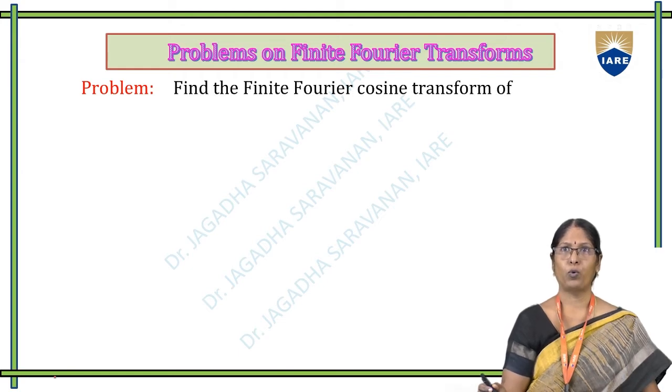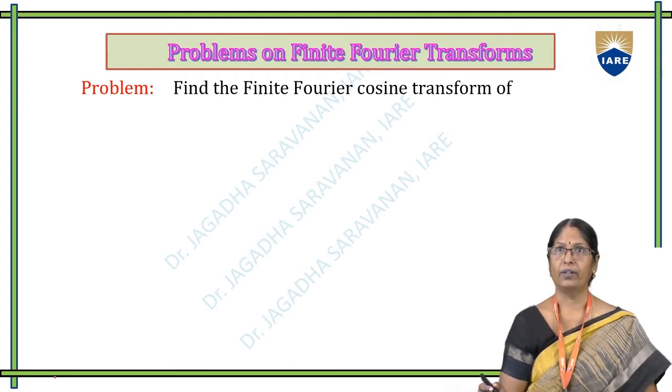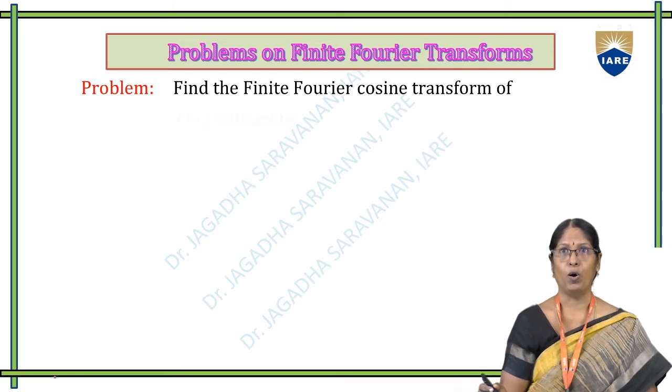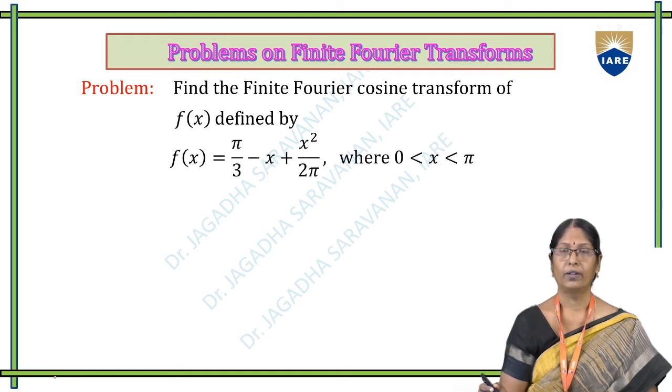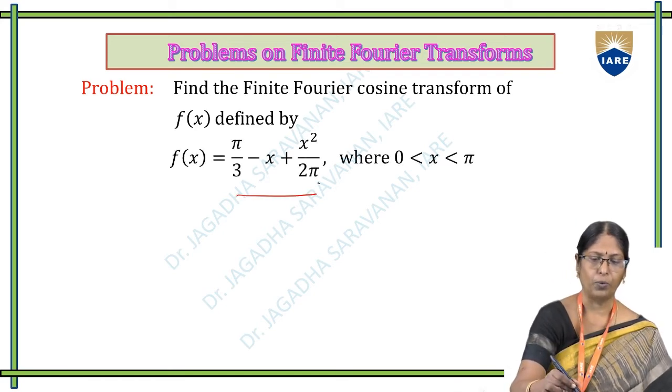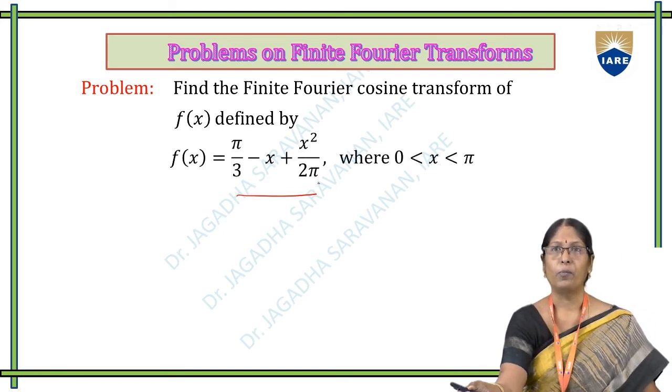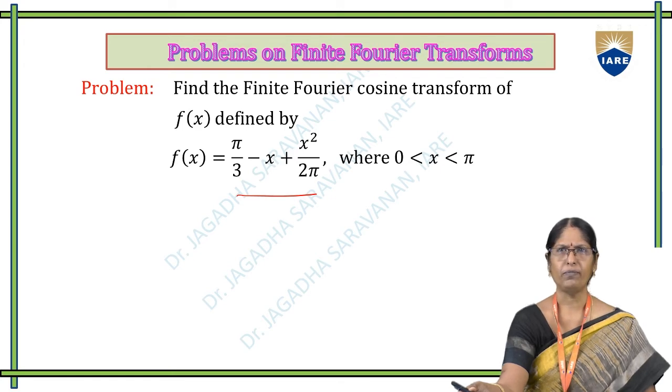So the third problem is: find the finite Fourier cosine transform of f of x defined by f of x equal to pi by 3 minus x plus x square by 2 pi, where x lies between 0 to pi.